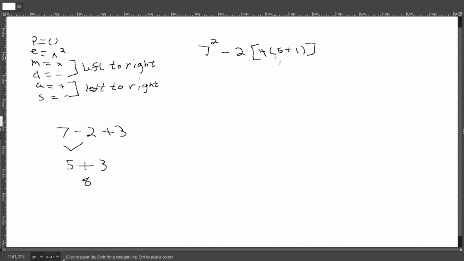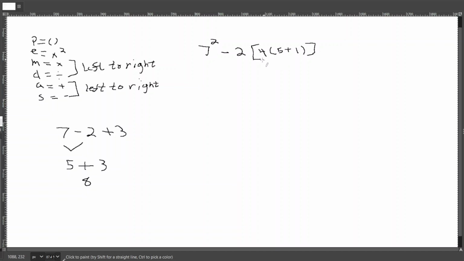So here we don't just have a parentheses, we have a parentheses inside a parentheses, and you might say, well, why'd you use brackets? Well, technically you could get away with parentheses, it's fine, but at the beginning level of this stuff, it's nice to see it in brackets, because now I see that there's a parentheses here, but I also see there's a parentheses inside of the parentheses, right?